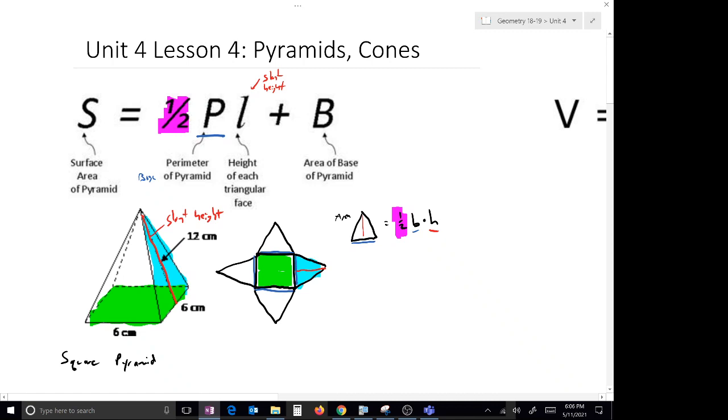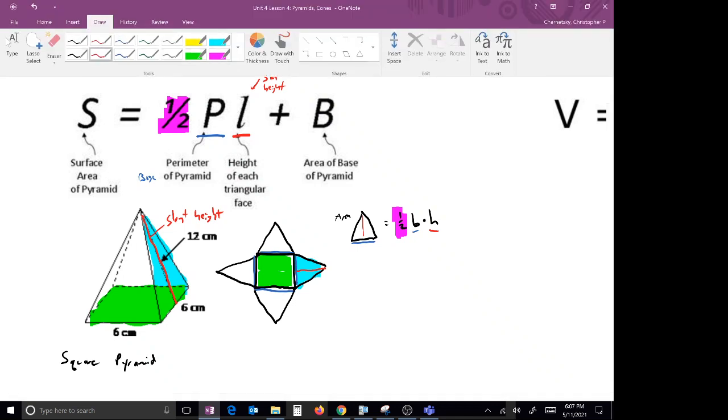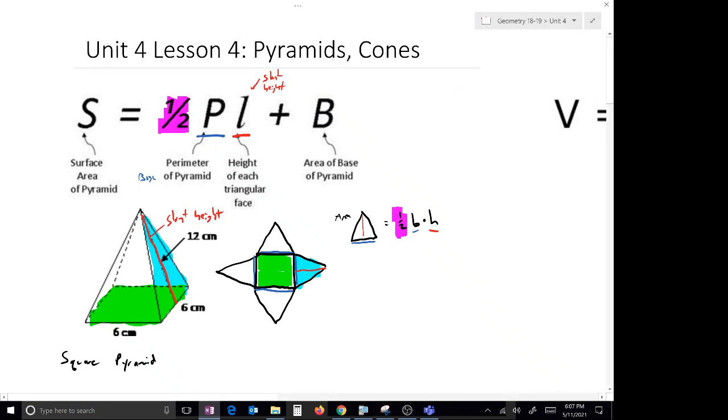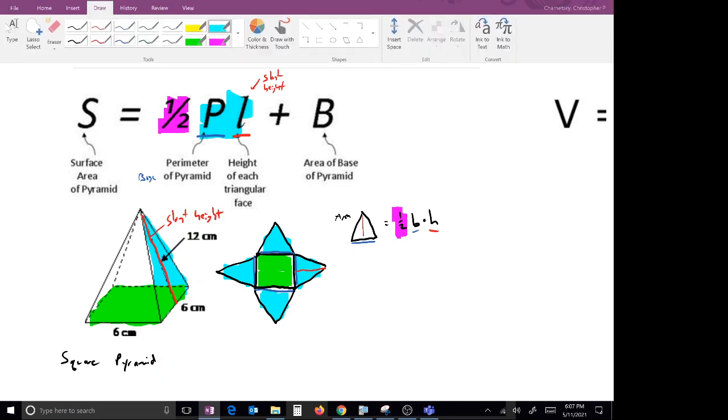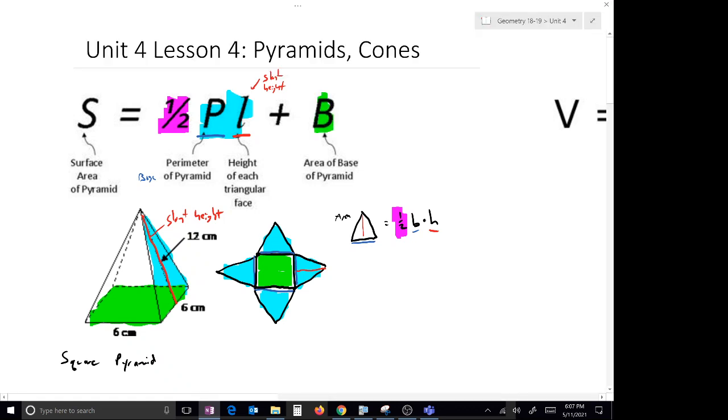The slant height just goes right down the side of a pyramid as if you're sliding down the side. So that's where this L comes from. So this part of our formula is calculating the lateral area all at once, and then we just have one base, which sums up the bottom base. So that's where all the parts come from.